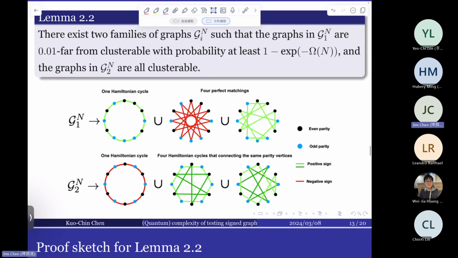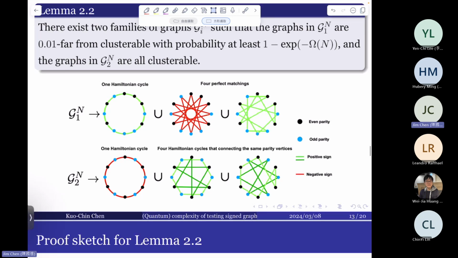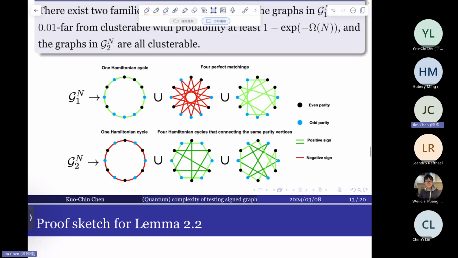Now we are considering a set of vertices, and each vertex is labeled with a parity, which can be even or odd. For a vertex with even parity, we use a black dot, and we use a blue dot for labeling the odd parity.